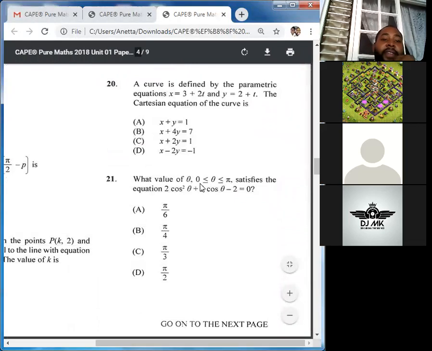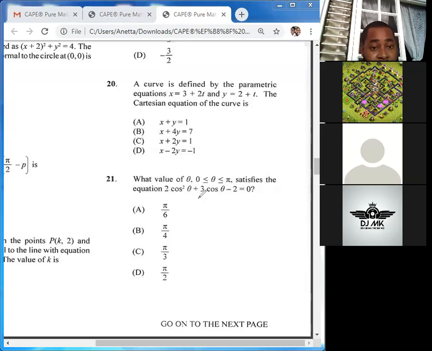What value of theta, where theta exists between 0 and pi, which is from 0 to 180 degrees, satisfies this equation right here? So this is a quadratic equation. If I do a simple substitution, if I let cosine theta equal to, let's say, x, I can rewrite this equation much easier.